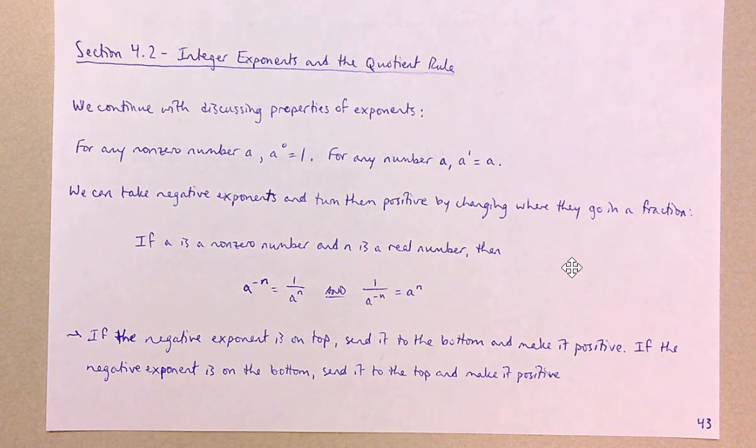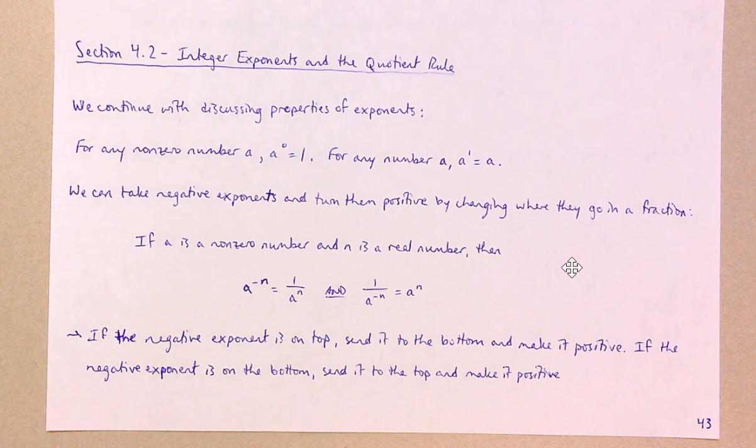If the negative exponent is in the bottom, move that term up to the top, and the negative sign drops out, and your exponent is now positive.